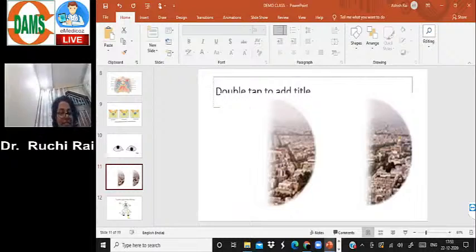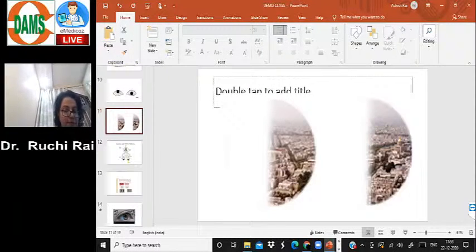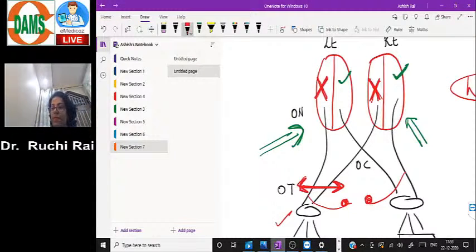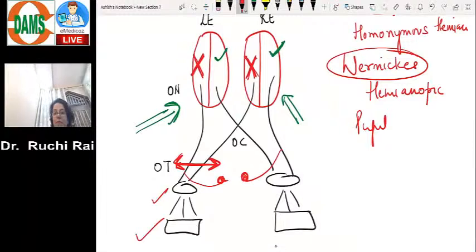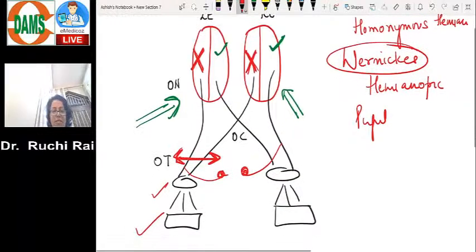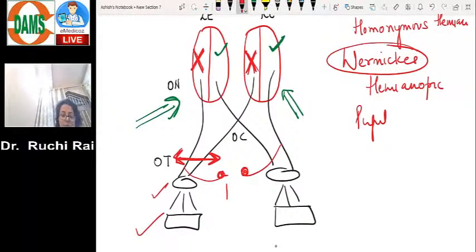Come on, answer. Saurabh, which field defect is this? So what you just saw was, okay, I will not answer, you answer this. So do you realize, because it goes to pretectal nucleus?